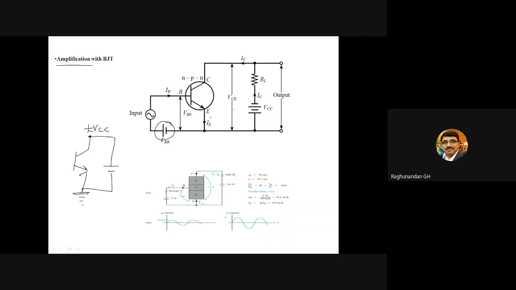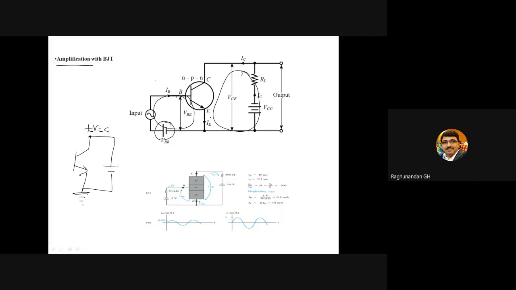Should it be forward biased or reverse biased? See, this is one circuit and this is one circuit.